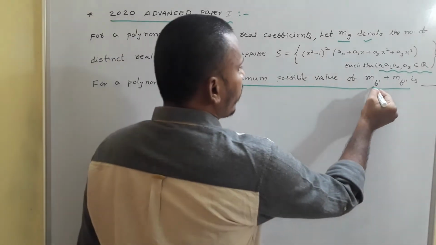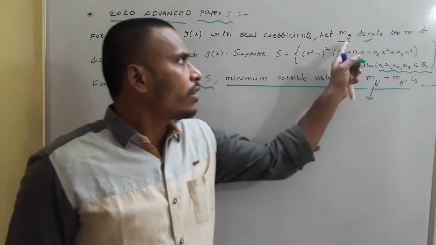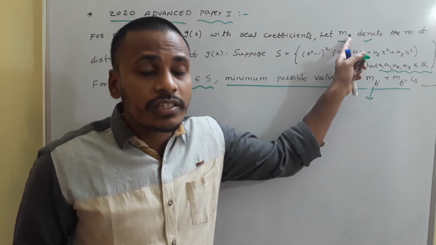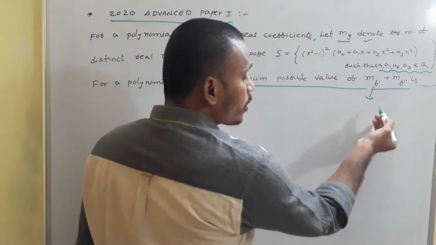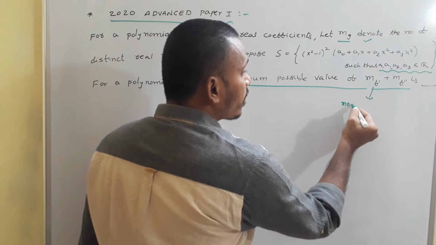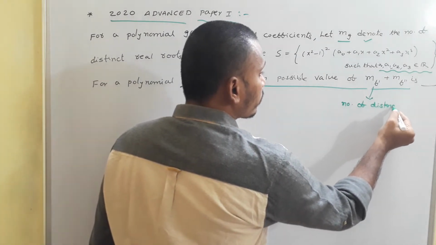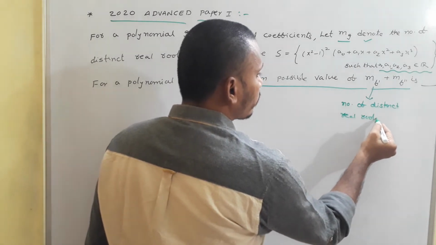What is mf dash? Already in the first line of the question itself, they introduced the notation mg. Mg is the number of distinct real roots of the polynomial g. And so mf dash means, in the same way, number of distinct real roots of f dash.